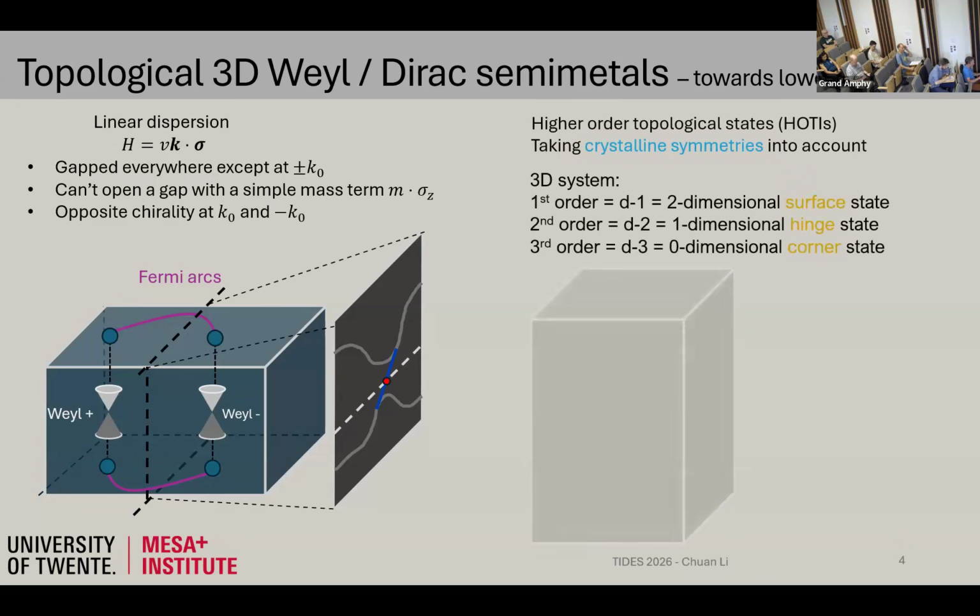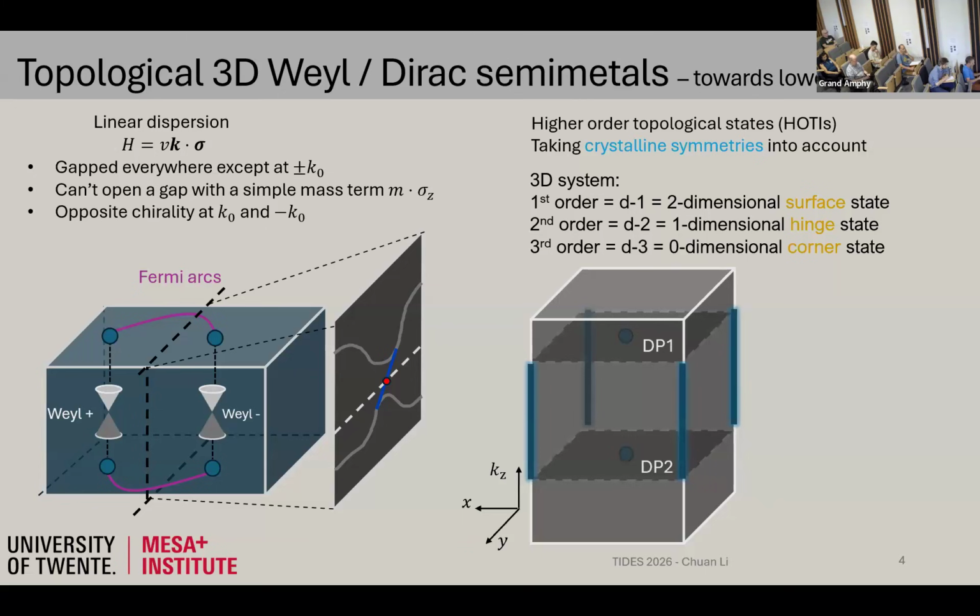And beyond this, very recently much work has been done on higher-order topological states. Len, Sophie, and also myself, and many different groups have worked on crystalline-symmetry-considered systems. In that case, your Hamiltonian is not only a simple Z2 type transition, but you have to take into account different crystalline symmetries.